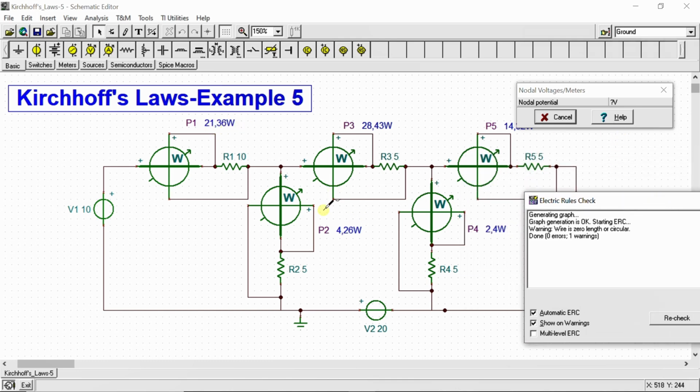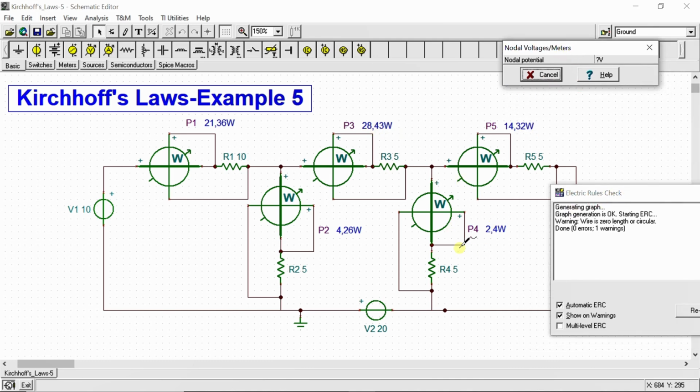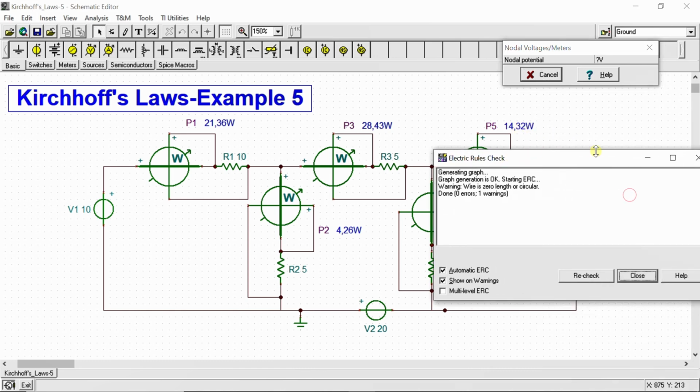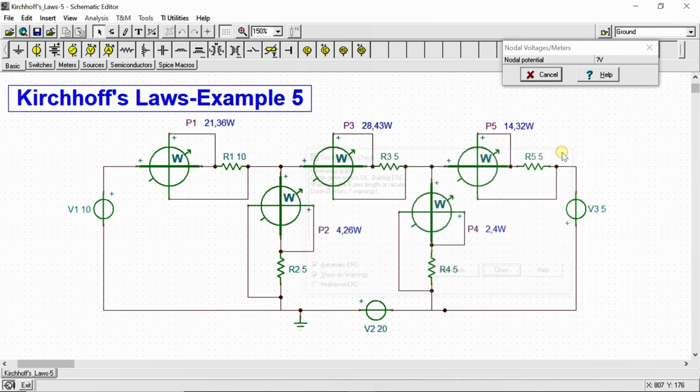And this is the dissipated power in the resistor R2, 4.26, and this is the dissipated power in the resistor R3, 28.43 watt, and this is the dissipated power in the resistor R4, 2.4, and in the resistor R5, 14.32 watts. Those are exactly the values we have calculated.